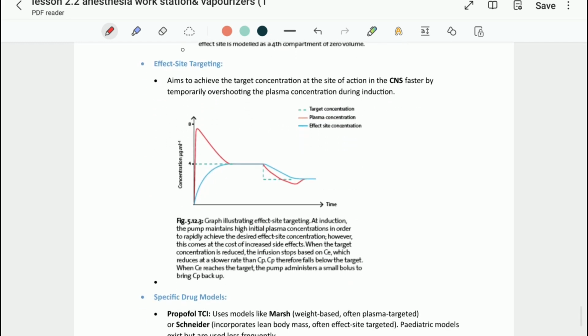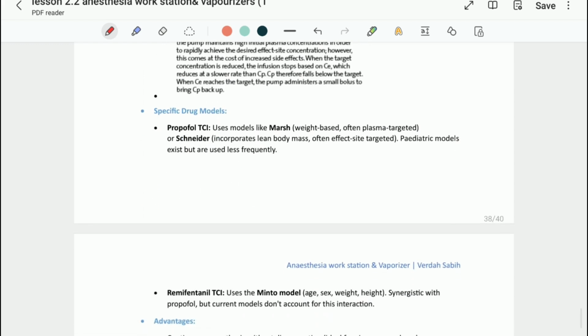Effect site targeting is aimed to achieve the target concentration at the site of action, which is the brain, faster by temporarily overshooting the plasma concentration during induction. It has some specific drug models, like for propofol TCI, it uses models like Marsh, which is weight based and often plasma targeted, or Schnider, which incorporates lean body mass and often effect site targeting.